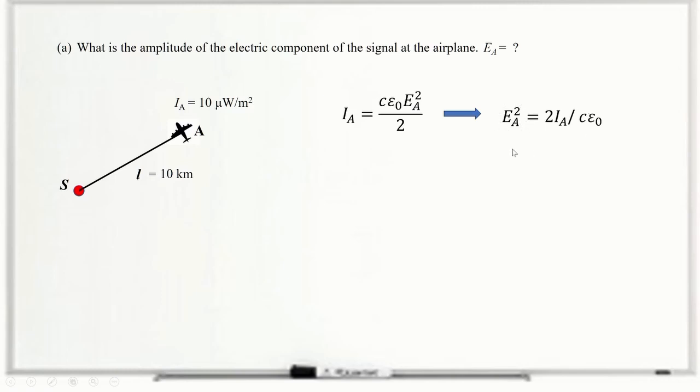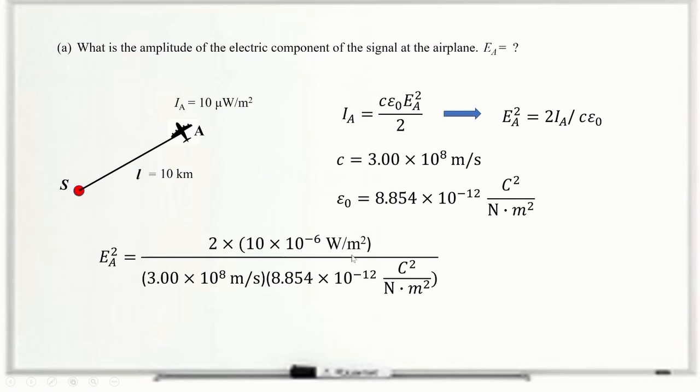Here c is the speed of light, epsilon naught is permittivity of free space, and using the numbers we get the result for E_A squared. Here it is, and finally it is given by this number.